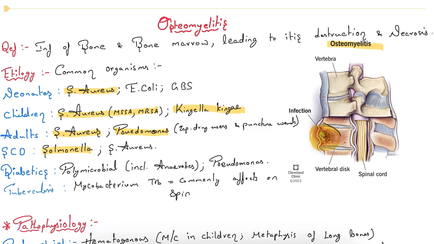This is the image you can see here, I already explained this image. If osteomyelitis happens in the spine, or in the hip or knee, then when it is in the spine we call it Pott's disease, or TB of the spine.